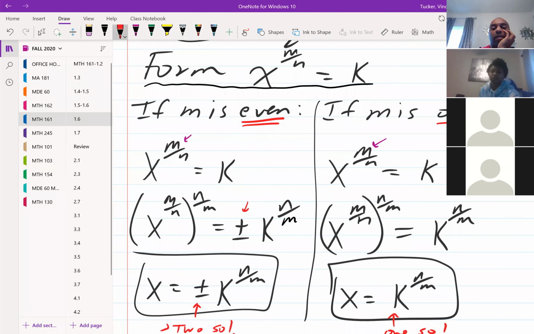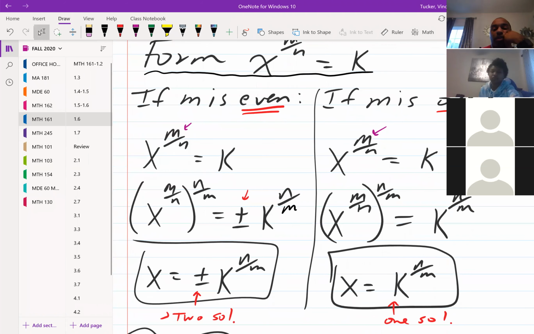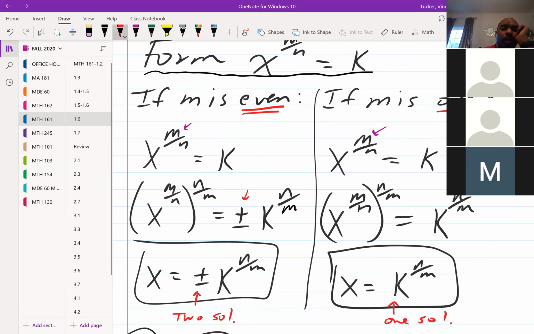And then when your top number is odd, when m is odd, you only get one solution. You're still going to follow the same process. You raise both sides to the power of the reciprocal fraction, but you only have one solution. So once again, if m is even, you're going to have two solutions because you're going to do plus or minus.